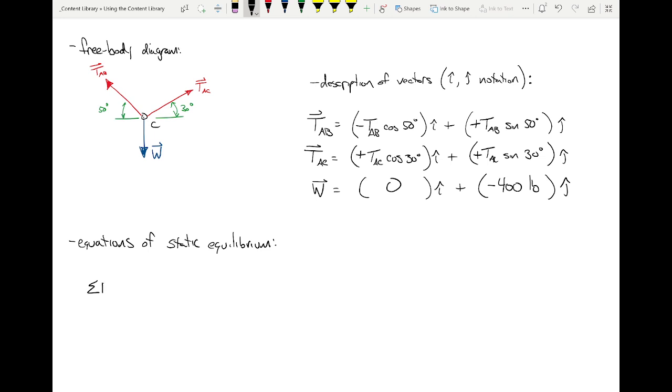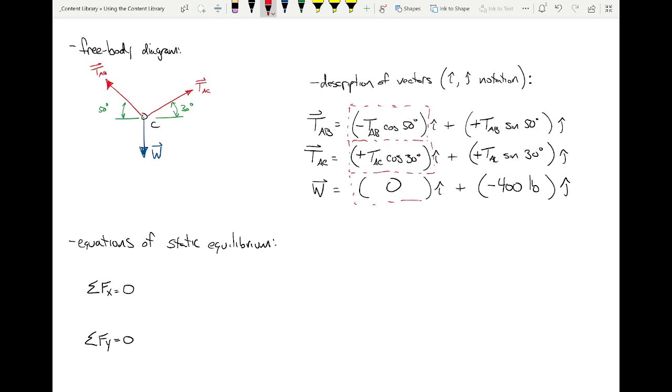The sum of the forces in the x direction must be equal to 0, and the sum of the forces in the y direction. But here's the reason I love IJ notation. The sum of the forces in the x direction equals 0. Isn't that all the I stuff? Isn't that just all the stuff being multiplied by I? What is this term? That's the magnitude along the x direction times I, right? Same thing with this.